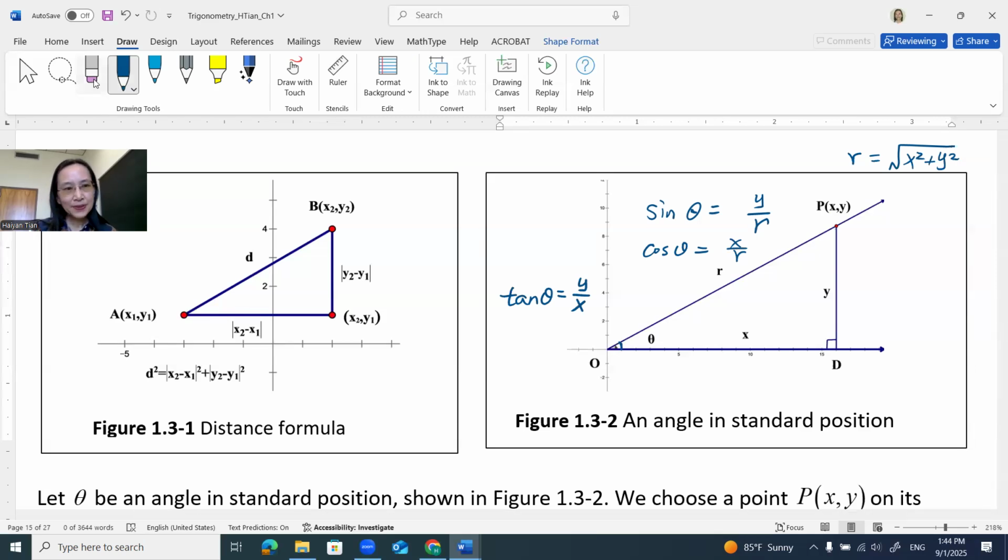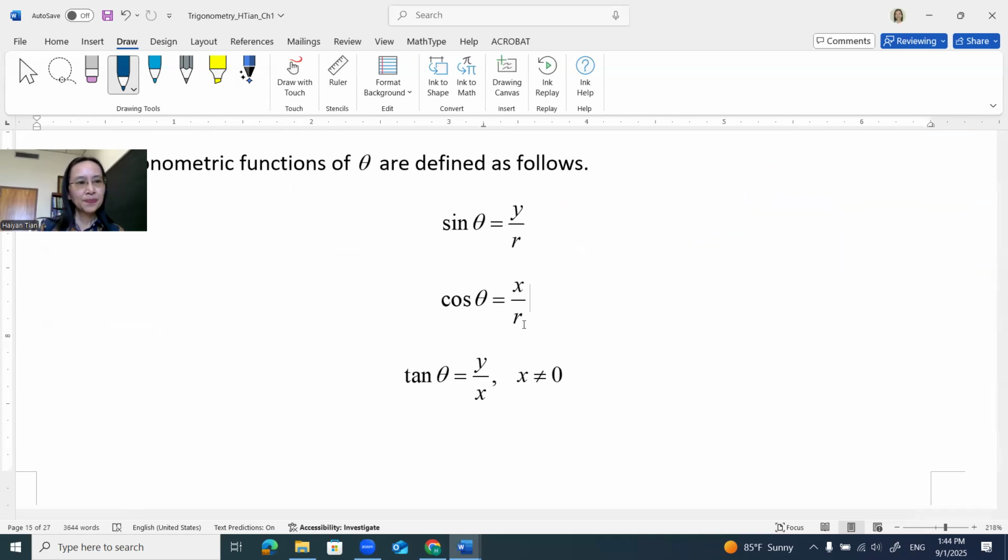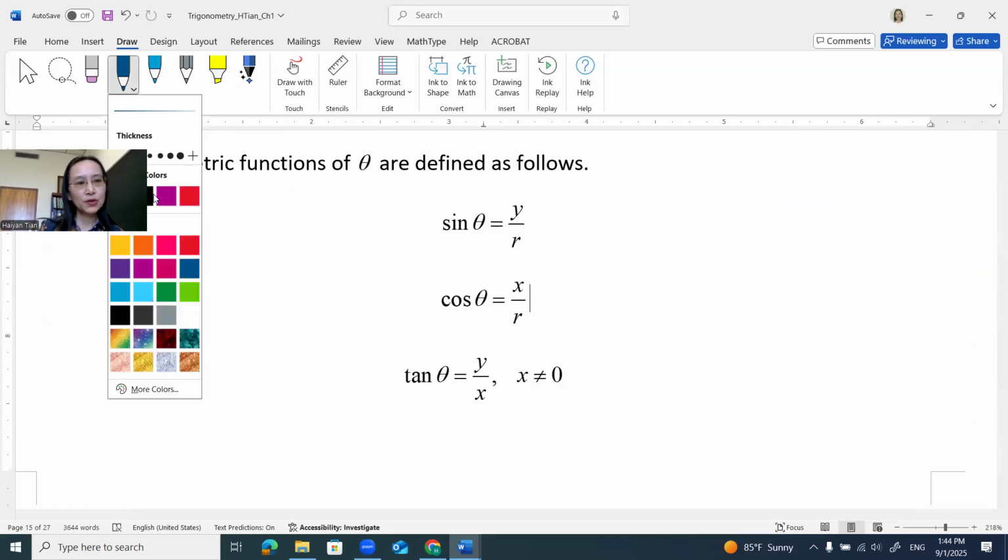After we have these 3 functions, let's write all 6 functions on the next page. So these are the 3 functions, and then we can define 3 more.